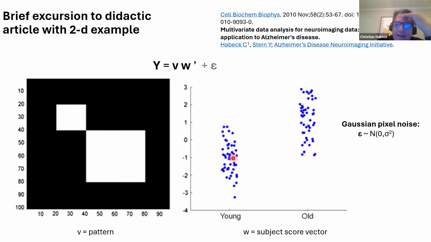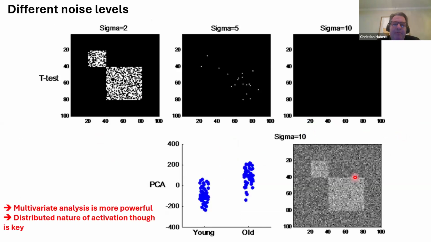And imagine we have young and old people that we, again, totally made up. So we now make up a data array where we take these subject scores, multiply them by this pattern, and then add Gaussian pixel noise. Everywhere we add random IID noise. And then we can crank up the noise value, these are arbitrary units, right?